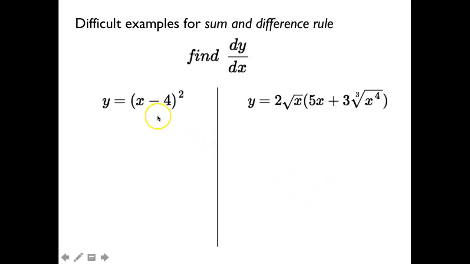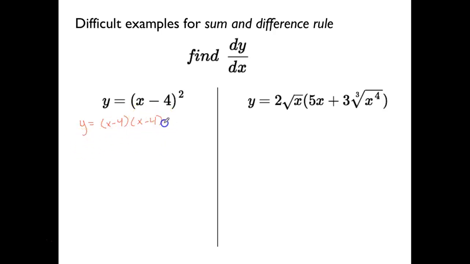Okay, here's some of the more difficult ones you might run into with sum and difference. This right here, it's not written in terms yet. This squared, you guys know what to do when you see that squared. Let's rewrite it. That means x minus 4 times x minus 4. Yeah, you can multiply this out.